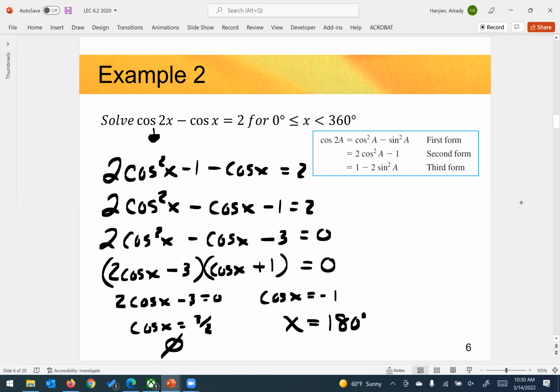Can you always plug in the 180 just to check if it works? Absolutely. If we plug it in, cosine of 2 times 180 is cosine of 360, which is 1, minus cosine of 180.